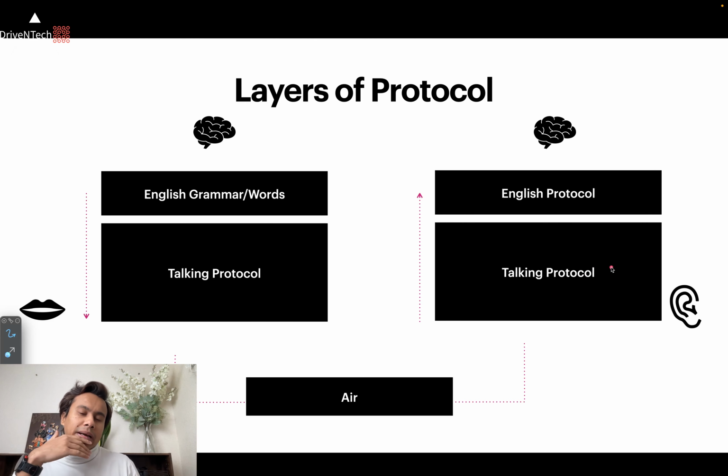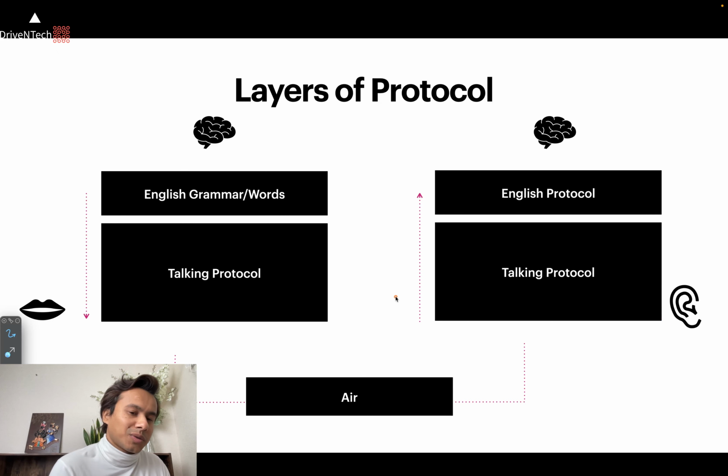We can combine it, or for the sake of simplicity I'm saying both, just like English, they also should support this listening protocol or talking protocol. So the speaker should have a mouth, or some sound should come from his or her mouth, and the other person should have an ear.